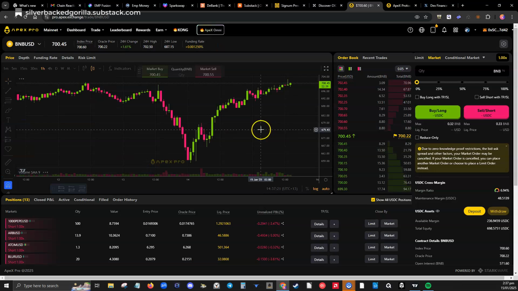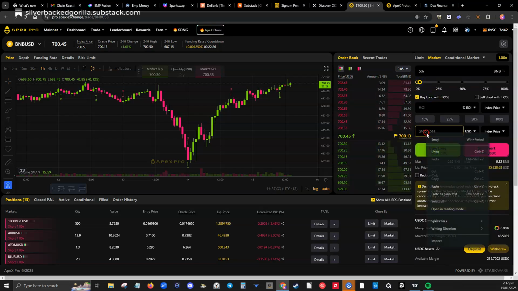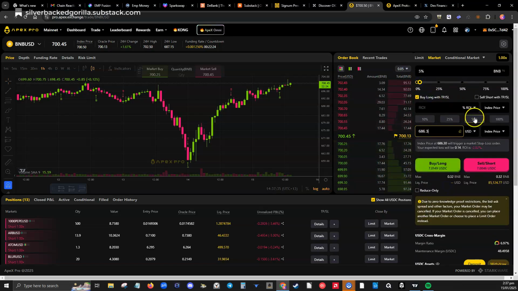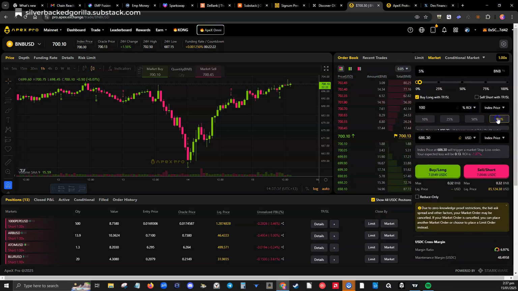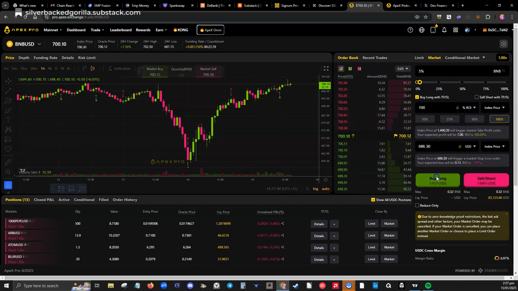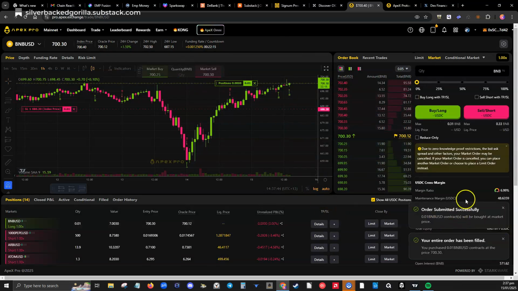Here we go. Again, market 1x leverage. I've got no leverage. I want to buy long. Set the stop loss at the level I indicated on the chart. ROI percentage. I want to make $7 if I get that. Buy long. Bull market should give me that, eh?